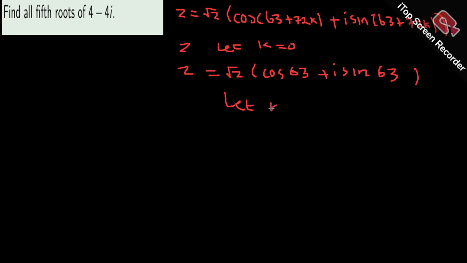Again, you go to the next one. You let k be equal to 1. So you continue like that. So there we're going to have root of 2 cos 63 plus, okay, so this is going to be 63, then we substitute 1 there, it will be 63 plus 72. So what are we going to get?